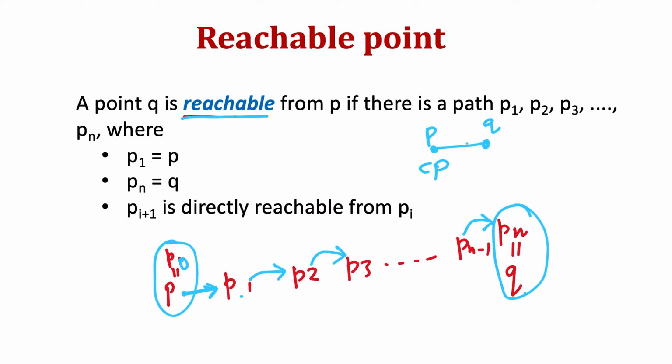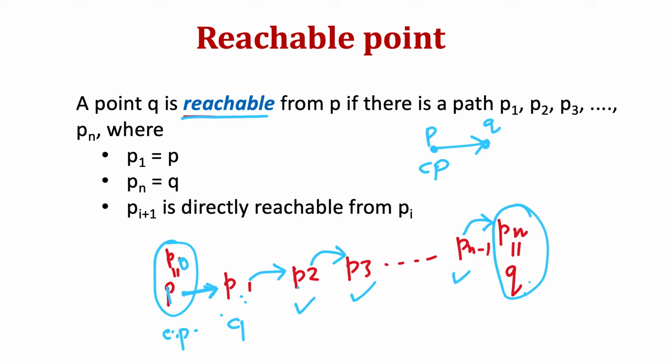And we had seen that a point is directly reachable only from a core point. So in this case, P has to be a core point. P1 has to be a core point because P2 is directly reachable from P1. So this is also a core point, this is also a core point, and so on.